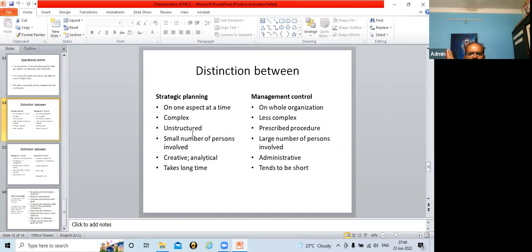Next difference: strategic planning involves a small number of persons, very few people, whereas in management control, a large number of people are involved. Next difference: strategic planning is creative and analytical, whereas management control is all about administration.